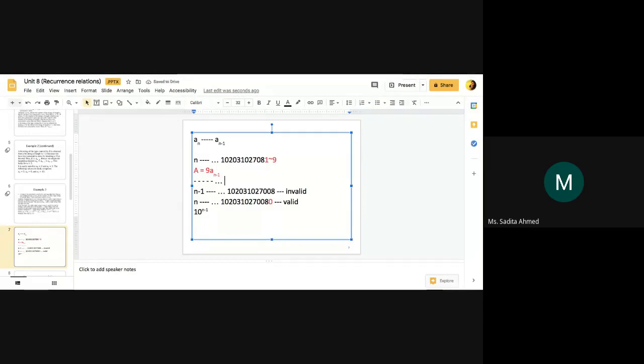Length n-1 means there are n-1 characters in the string. Here we are talking about decimal digit strings, that is, strings made up of only decimal digits. So a string which contains n-1 decimal digits will have n-1 total positions.